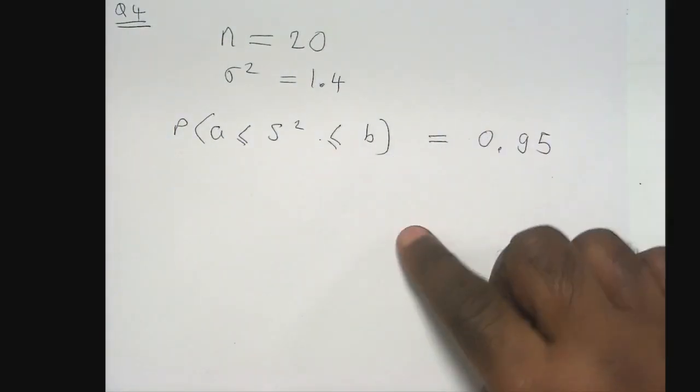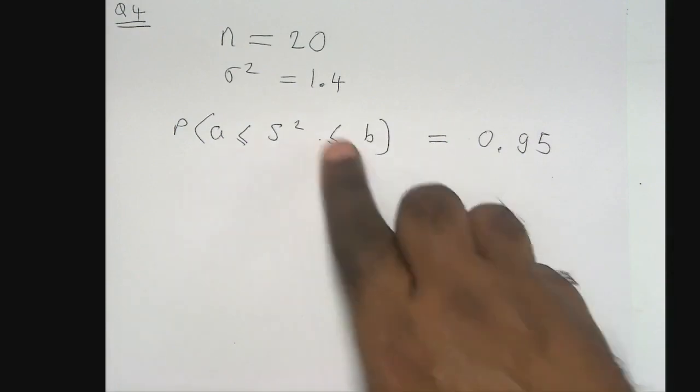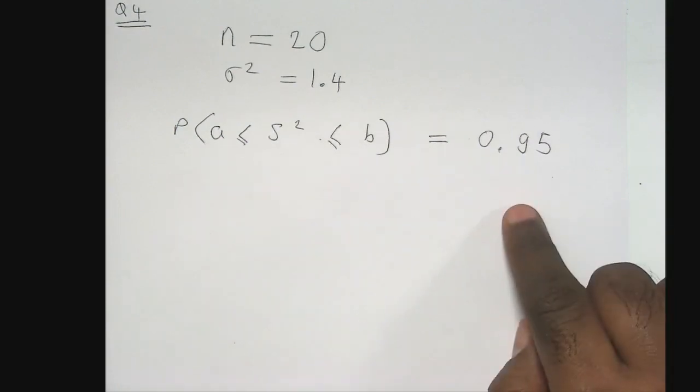The question is to find 2 points A and B such that the probability that S squared is between A and B is equal to 95%.